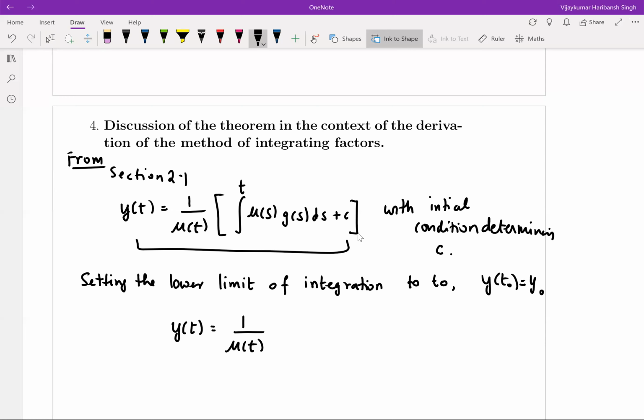Then the second question is, if such a solution exists, by it I mean the solution, is the solution unique? And if the solution is not unique, how can you guarantee that you have found all the solutions?